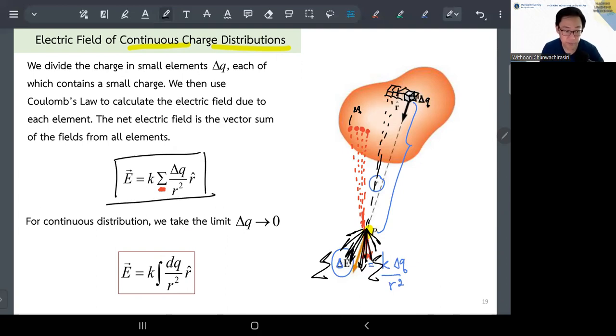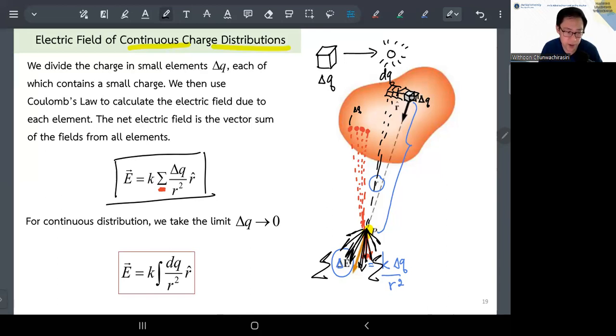See, that's easy. The concept is that it's a sum of KQ over R squared, but the Q is just a tiny Q, delta Q, on each block. When you do this and you want to make things smooth, you don't want blocks anymore. You take that block and let it approach zero, shrinking down to something super tiny. So the delta Q that you squeeze in that box will turn into just a differential dq.